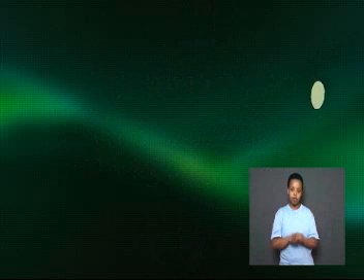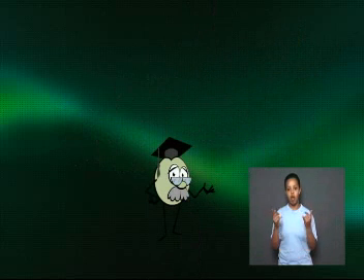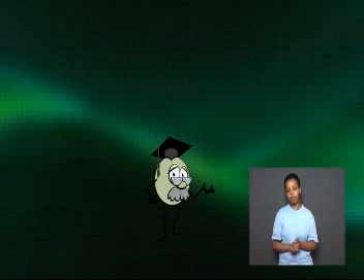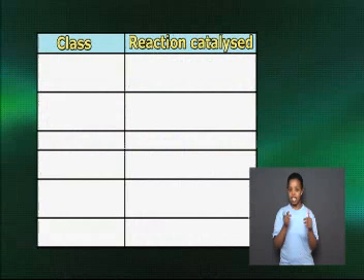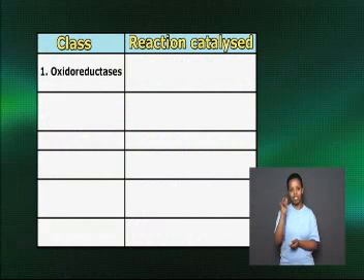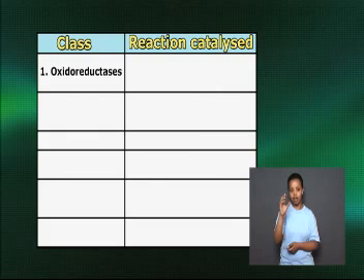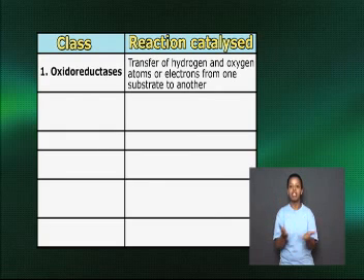Time's up! Let's get back to our lesson. Welcome back, students. Did you work well with your partner? Let us look at the answers together. The first group is called oxidoreductase. These enzymes catalyze reactions in which hydrogen or oxygen atoms or electrons are transferred from one substrate to another.